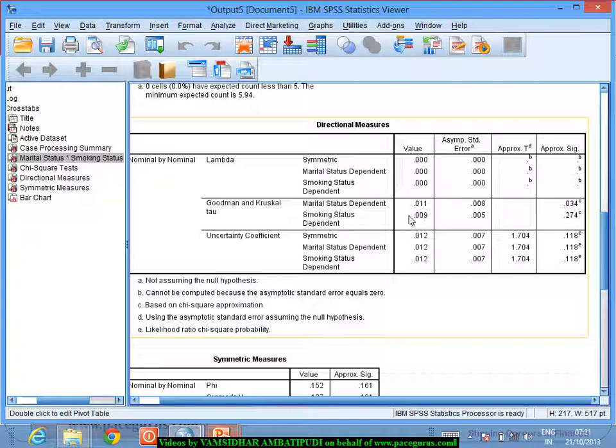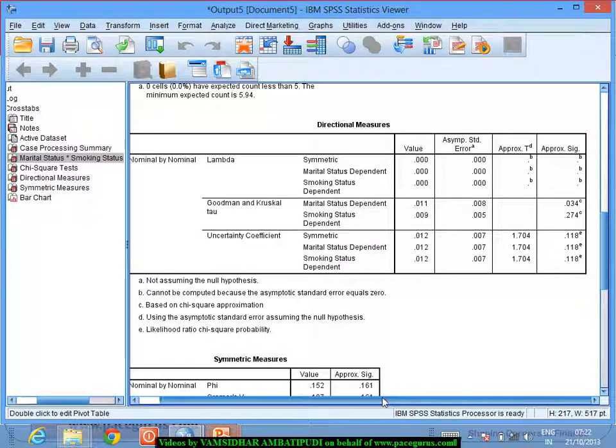If this value had been very high, let's say 0.4, 0.5 kind of number, then I could have very easily concluded that by knowing the marital status, I could easily determine the smoking status. That is what we'll talk about: the depth of the relationship as well as the direction, which is dependent on what.